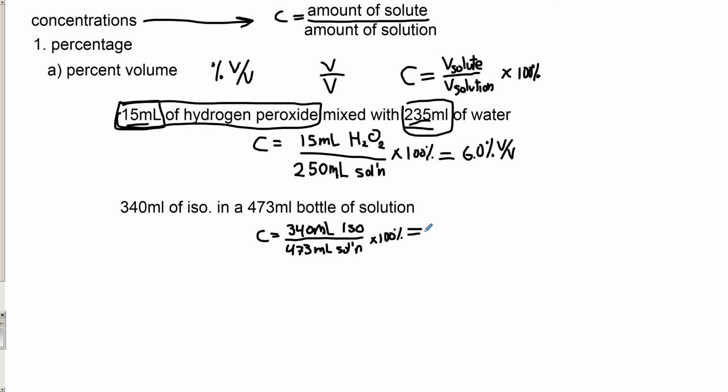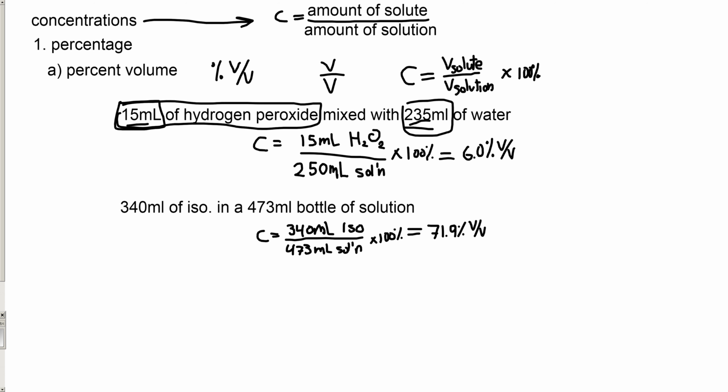But what if you want to go backwards? What if you have the percent concentration and they're asking you, okay, how much solute is in there? So I'm going to change it around a little bit.